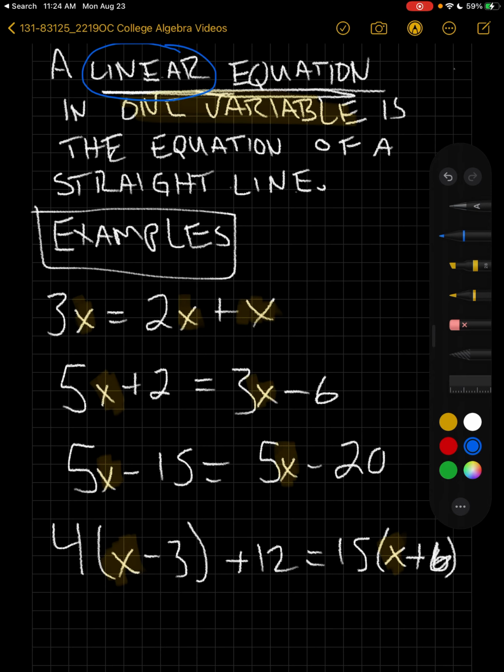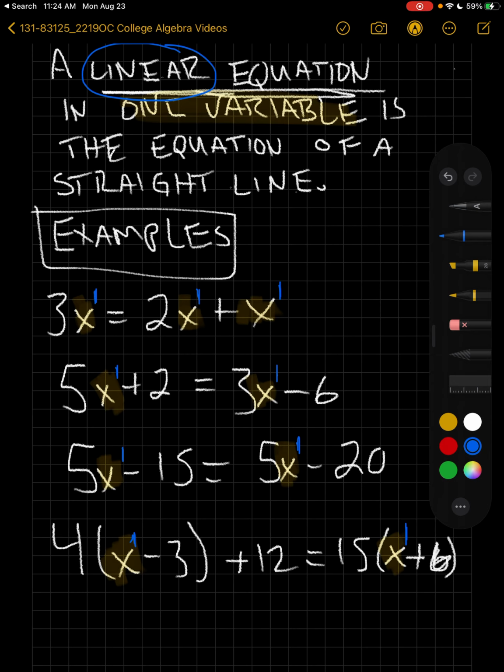It turns out that the exponent on our one variable, and you may or may not remember from a previous course, the exponent is a number that goes up here. When you don't write an exponent, it's understood that we have an exponent of 1. So look at all of these exponents on our variable. All of these have an exponent of 1. And that's one way that you can know these are linear equations in one variable.